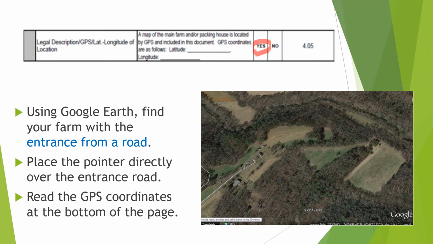GPS coordinates are as follows: latitude and longitude. You can find that information at the bottom of your map if you are using Google Earth. When you go to Google Earth, place the pointer directly over the entrance to the road. From that location, read the GPS coordinates at the bottom of the page and record them on your Plan of Action manual.